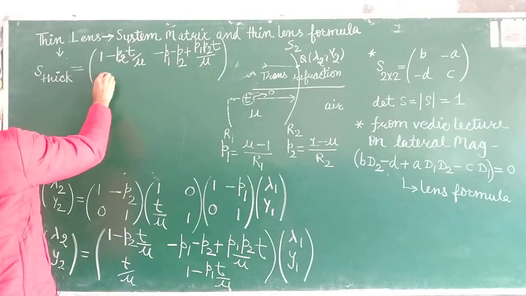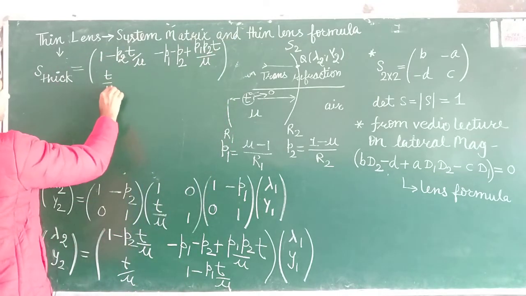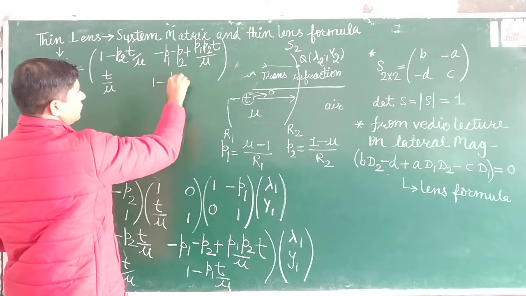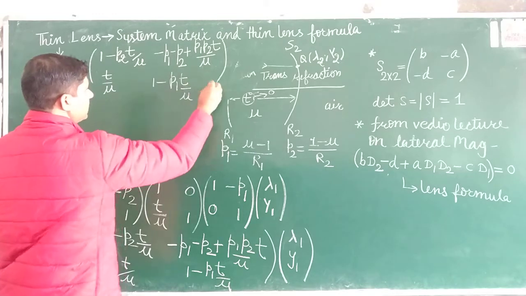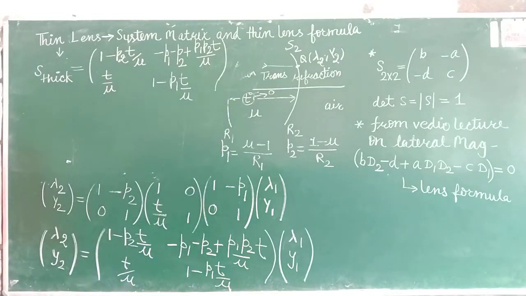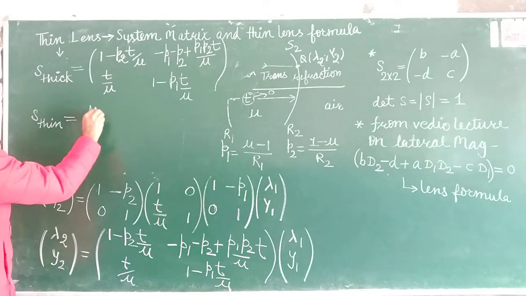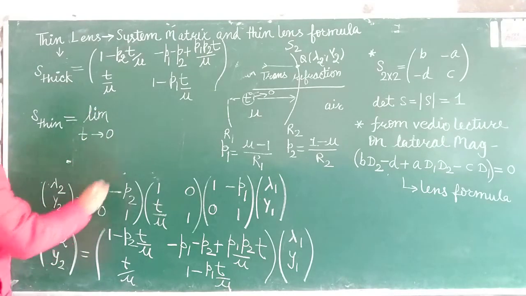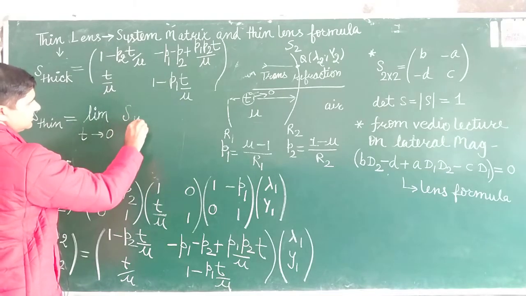And here you have T by mu, and here we have 1 minus P1 into T by mu. So in this way we are to obtain the system matrix for the thin lens. This will be a particular case when t tends to 0, and here you will write the system matrix for the thick lens.